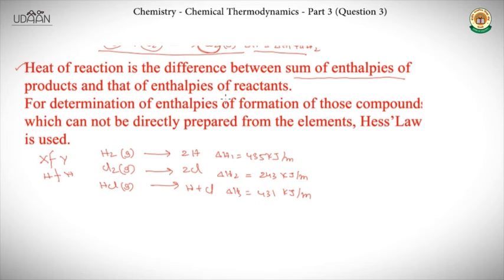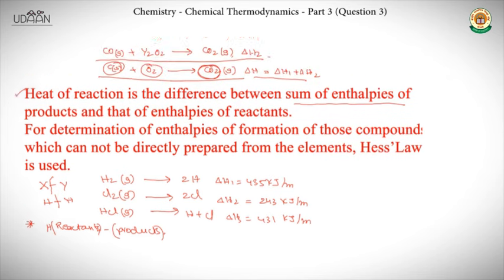We are supplying energy to break these bonds, so there is one exception: in this case we take reactants minus products, since we are supplying heat here. So while using bond dissociation enthalpies, always do heat of reactants minus heat of products. Remember this. So now they asked us to find the heat of formation of HCl.